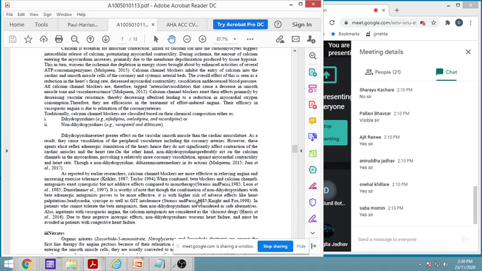That means it will act on the demand and also on the supply. It will increase supply and can reduce the demand. This is how these agents act, and thus they are very important.